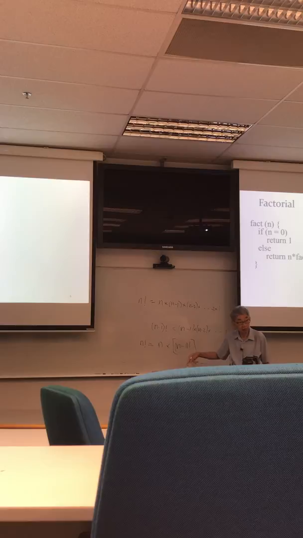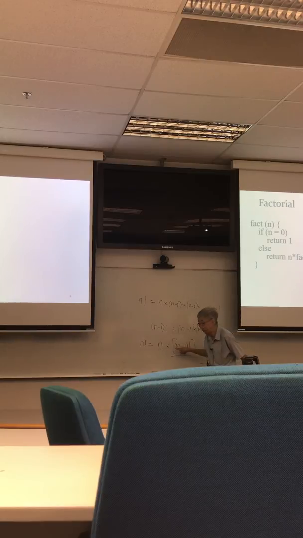In order to find factorial n, we can always find it from one size smaller, n minus 1 factorial. Once we have this, we use n times this one, so that we get the solution for n factorial. So this is an induction idea.